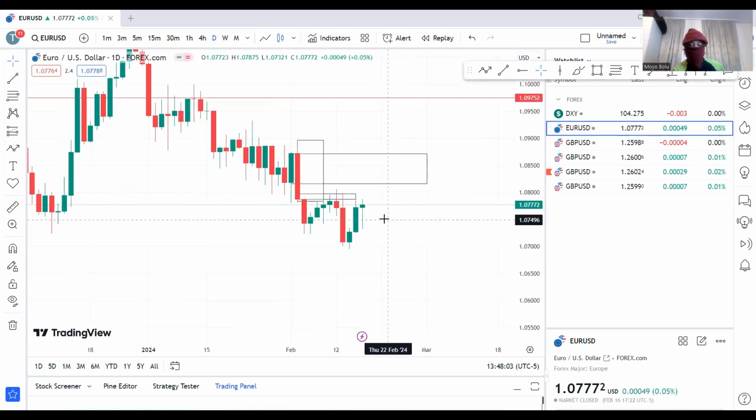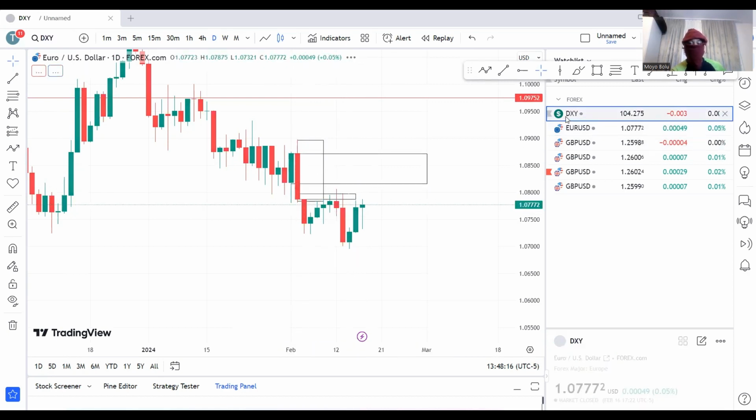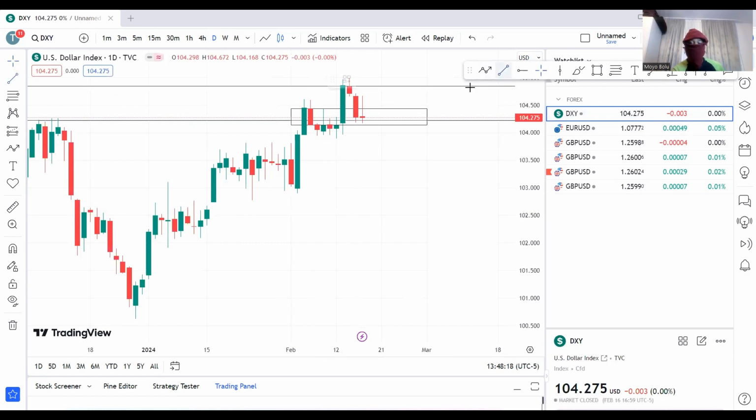So also for USD, except if we see this high taken out. Also, if we see DXY, if we see this low taken out, and mind you, not just taken out with a bearish candle, because there's a possibility that we have this low being taken out and price returns as a bullish candle.